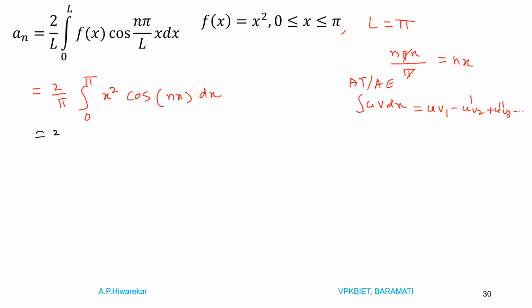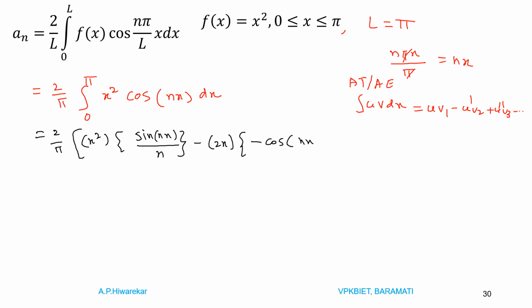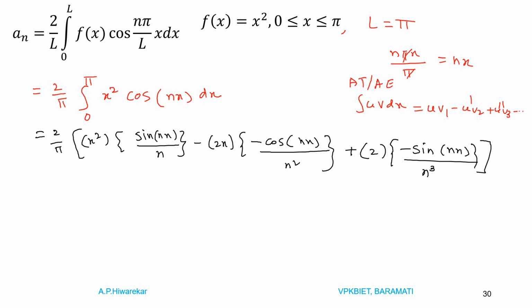So 2 by pi outside as it is, then the algebraic function is x square, so first function u as it is, integration of cos is sine, so it is sin nx divided by n, minus derivative of x square is 2x, integration of sine is minus cos, so this is cos of nx divided by n square, n into n is n square, minus of, it is plus derivative of 2x is 2, integration of cos is sine, so that's why it is minus sine of nx divided by n square into n, that gives n cube, and limits for integration are 0 to pi.